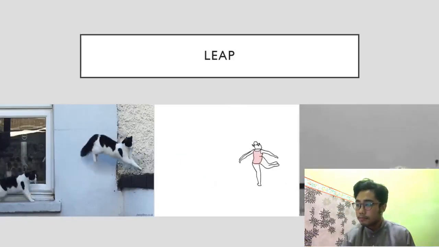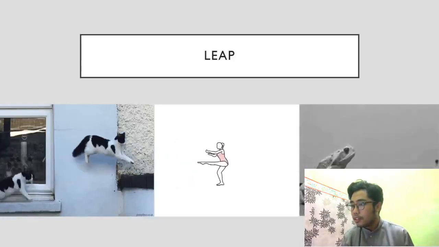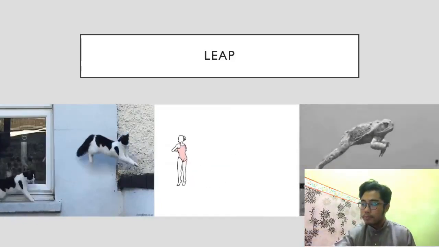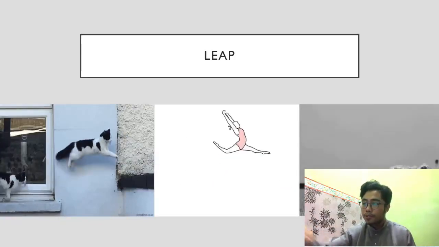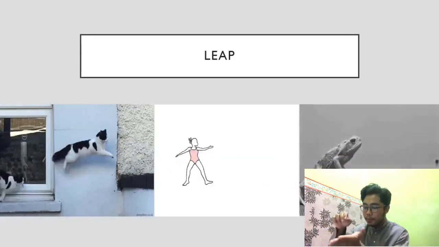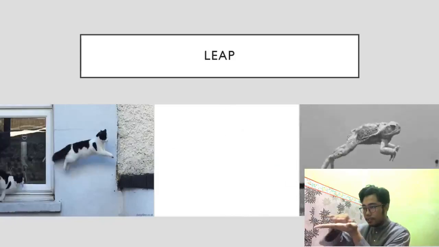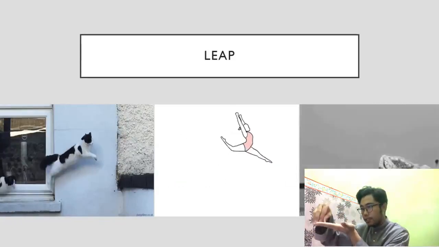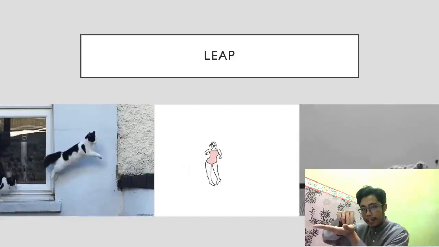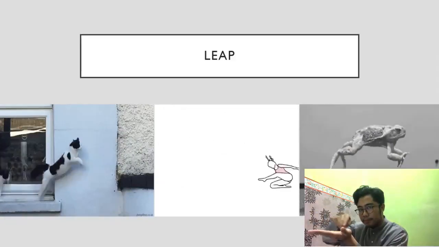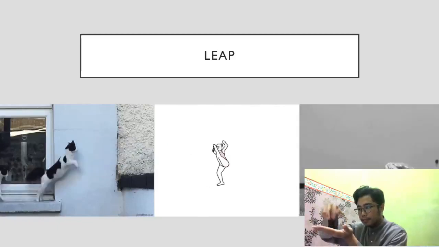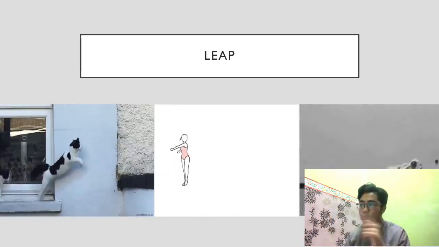There are cats moving from in front of the window to another part of the house. So imagine this is the window, this is another part of the house, this is the cat, and it's like this. Okay, to understand, let's look at the second picture.